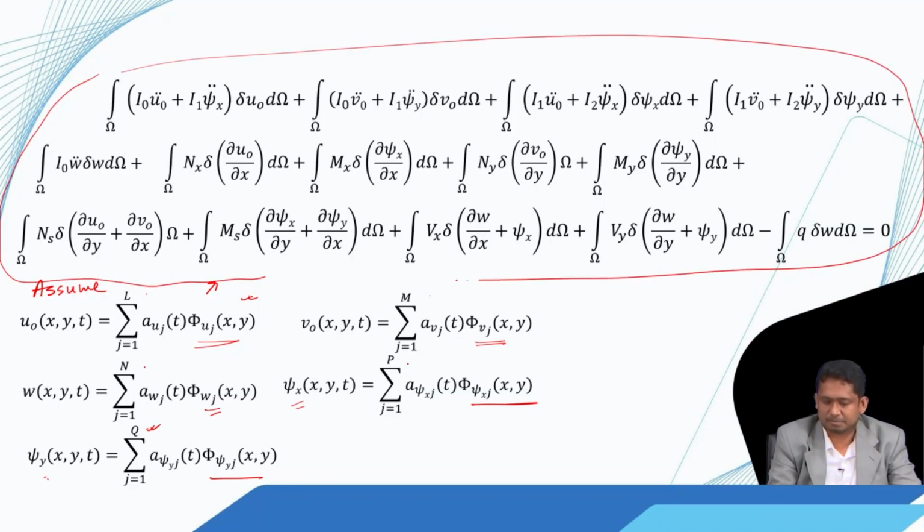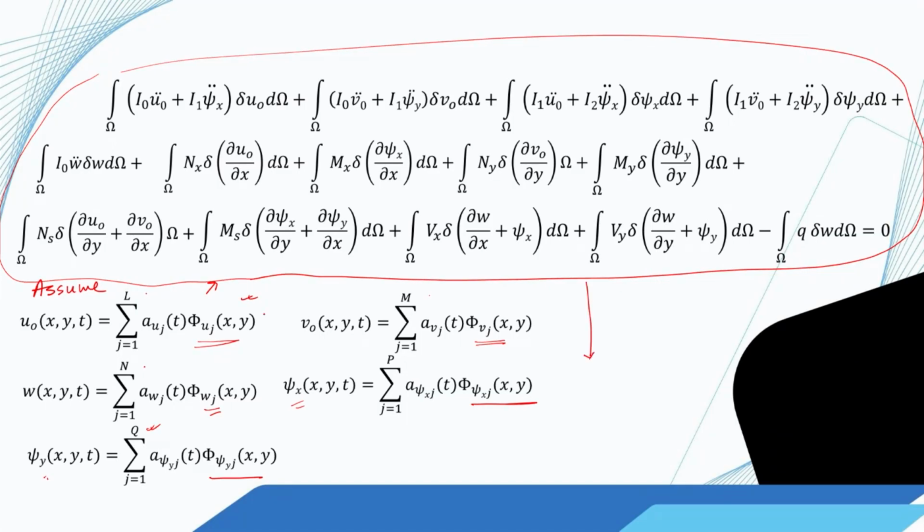If we substitute these approximations in the equation that we get from Hamilton's principle, this entire expression is in terms of a uj up to a psi yj and delta a ui up to delta a psi yi.